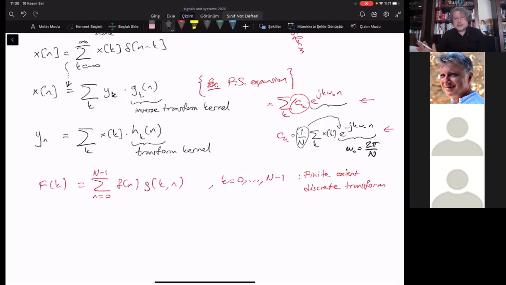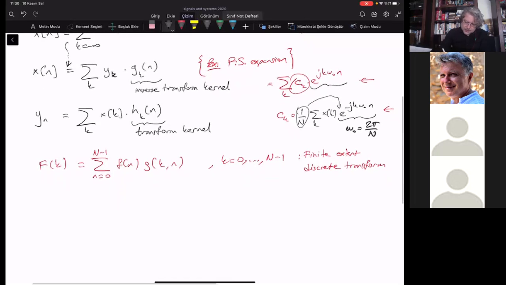This finite discrete transform can be written in the form of an output vector, although I usually use capital letters as matrices with an underscore, meaning a matrix. Unfortunately, this is a vector. It's one-dimensional. And this vector is equal to the G matrix.